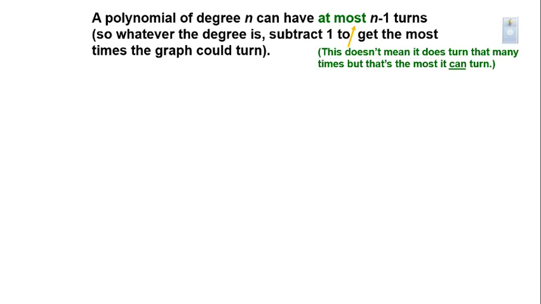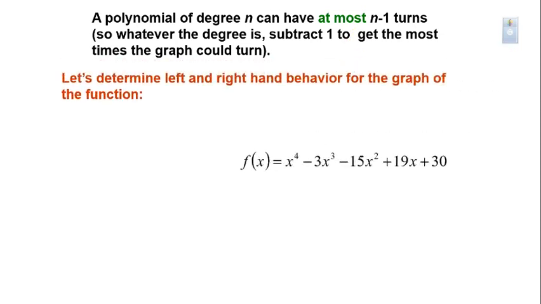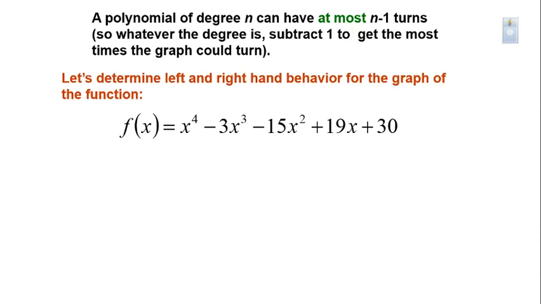And if you recall, a polynomial of degree 1 is a linear function, so it's a straight line, and straight lines don't turn. So let's take a look at this graph here. f of x equals x to the 4 minus 3x cubed minus 15x squared plus 19x plus 30.